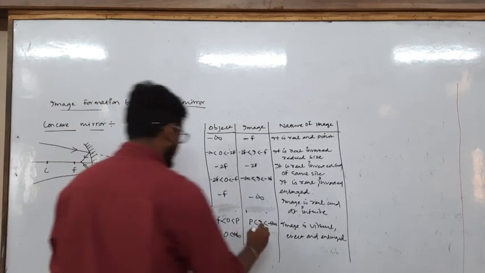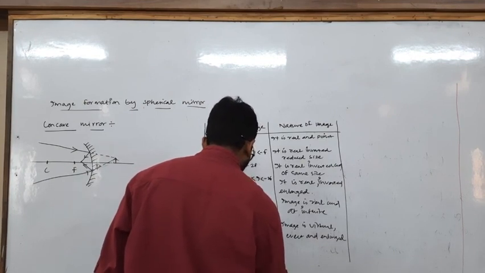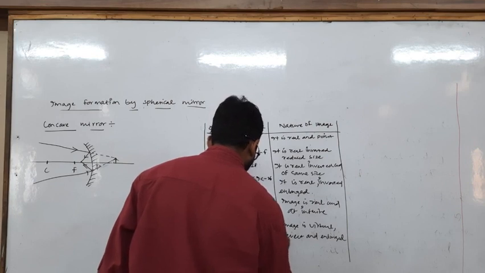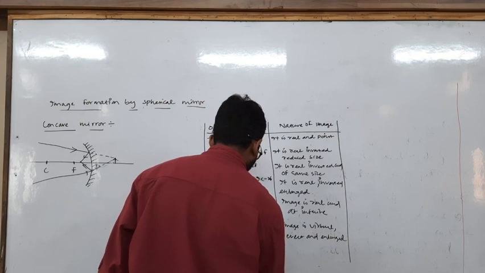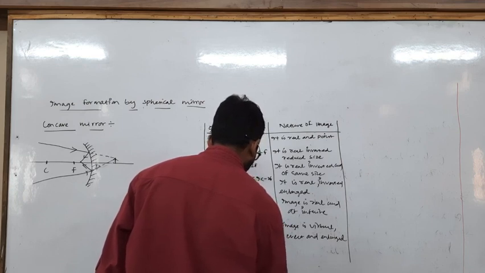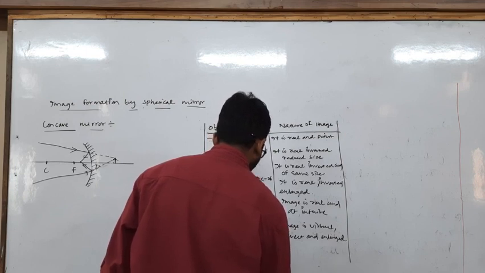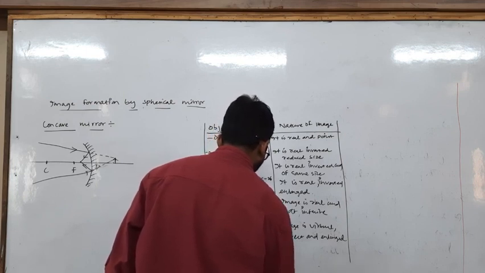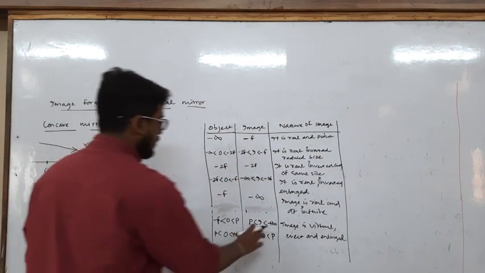Okay, so the image will lie between plus F and pole.